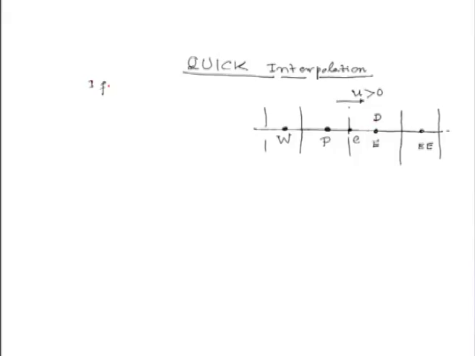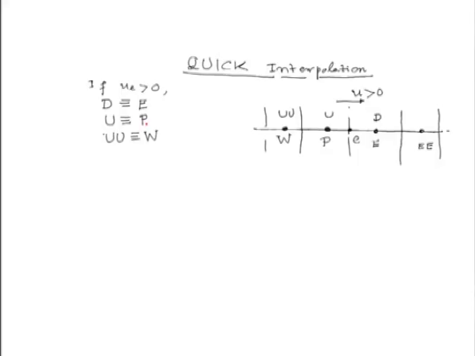So, if u_e is greater than 0, in that case the downstream node is the eastern computational node, the first upstream node becomes our computational node capital P, and the upstream to upstream becomes our node capital W. So, UU is node capital W.